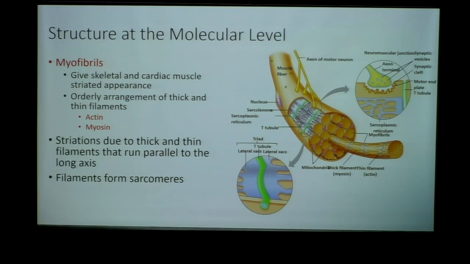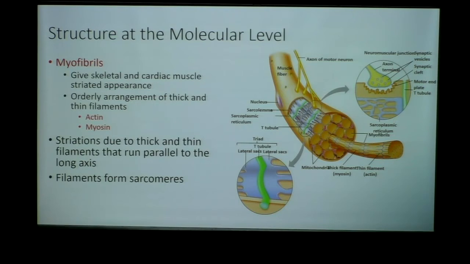Now we call the actin filament the thin filament, and we call the myosin filament the thick filament, okay? That's just because of their staining pattern, which we will get into in a minute. So we got actin on the side here in blue, and then myosin in the middle here in red. And actin is the thin filament because it's thinner. Myosin is the thick filament because it is thicker.